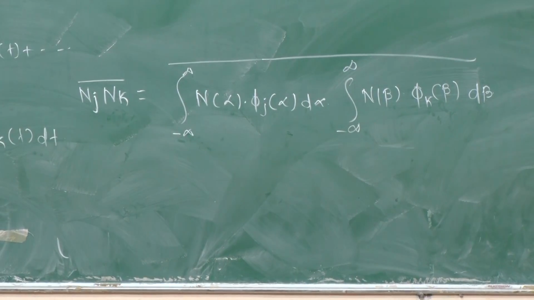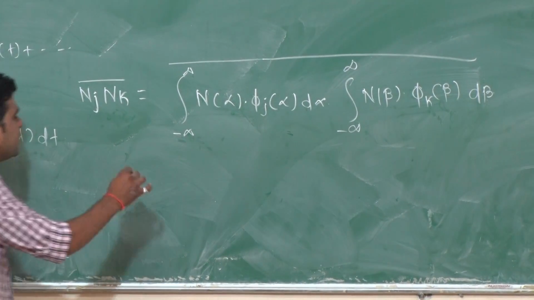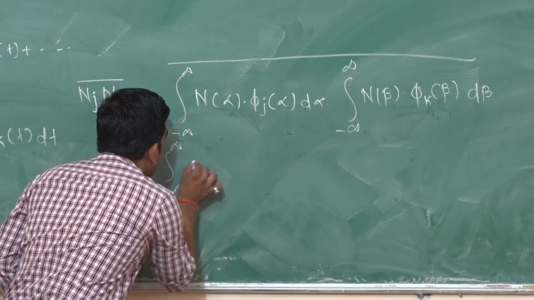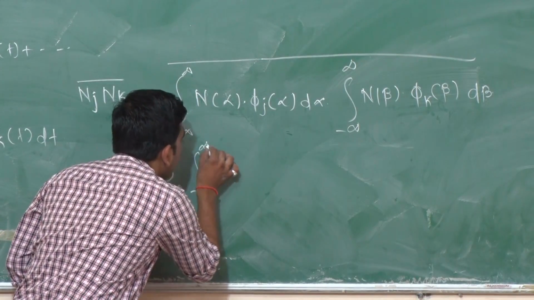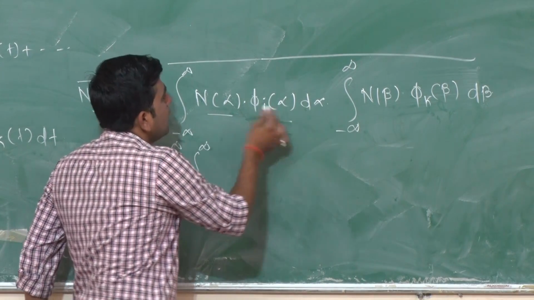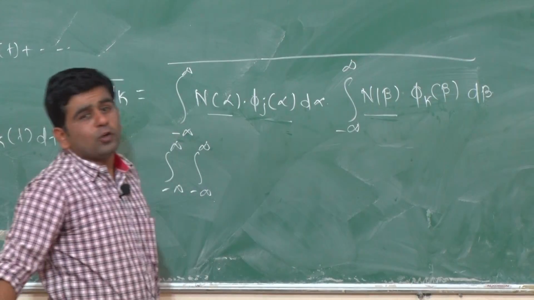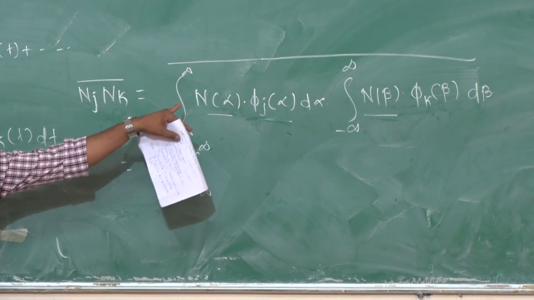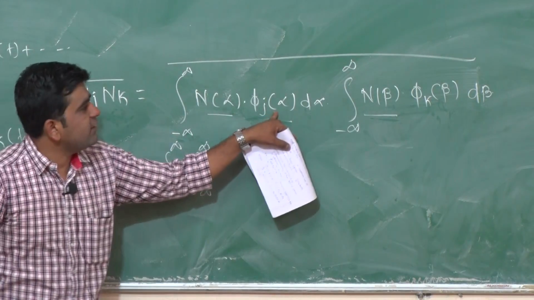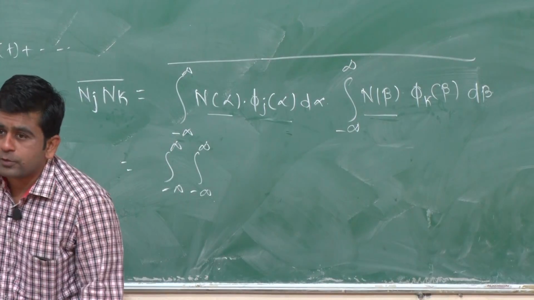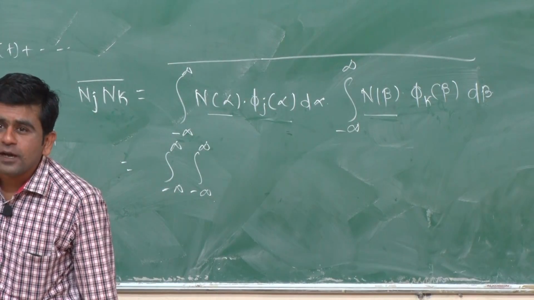So here this bar is representing your expectation operator. So we have to write down this one, minus infinity to infinity. Here n of alpha and n of beta, these are the two processes, so we have to operate this expectation operator over these random processes. This phi_j of alpha and phi_k of beta are deterministic values; we can define these values.